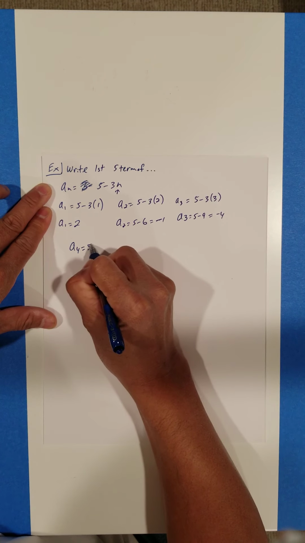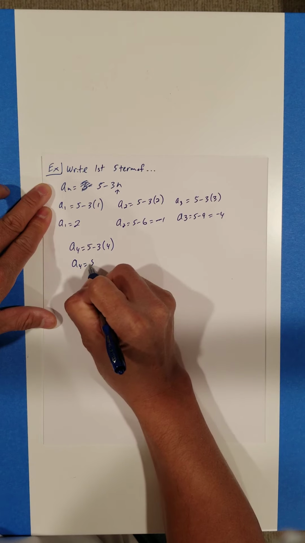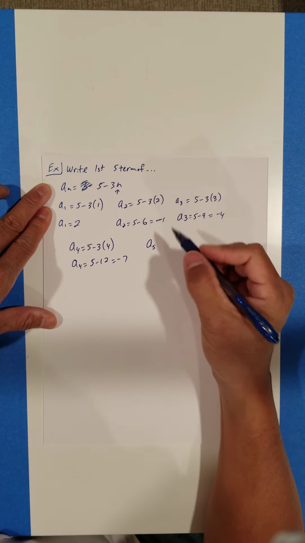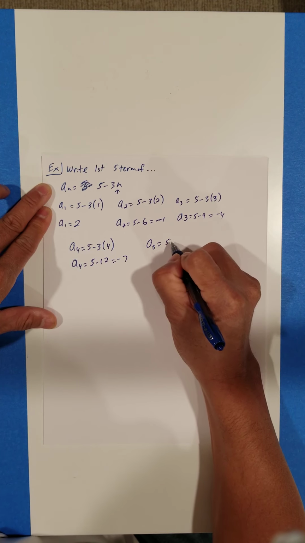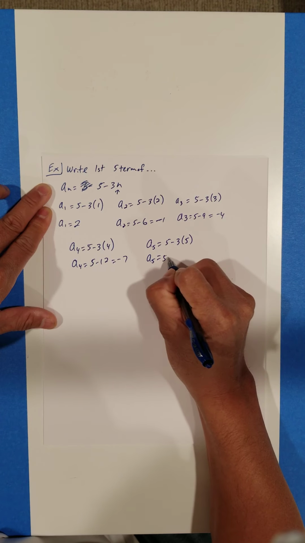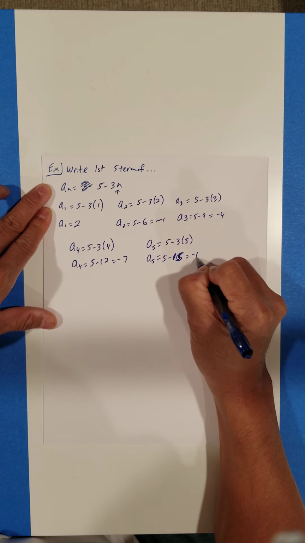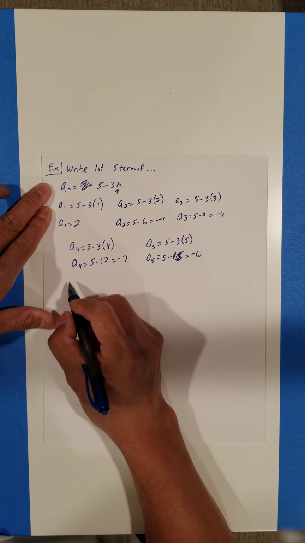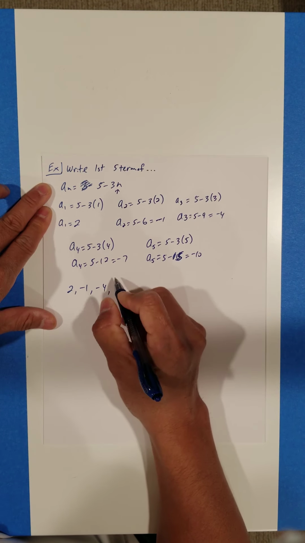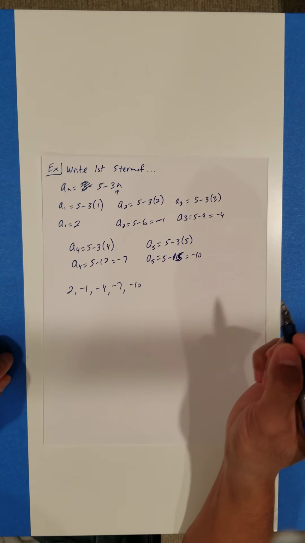A4 will be 5 minus 3 times 4, which is 5 minus 12, negative 7. The fifth term is 5 minus 3 times 5, 5 minus 15, so you get negative 10. Your first 5 numbers are 2, negative 1, negative 4, negative 7, and negative 10. They only wanted the first 5 terms, so that's it.